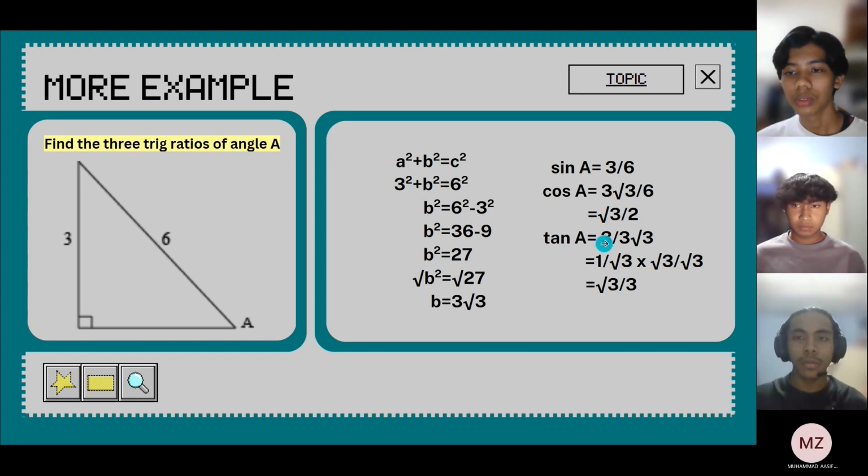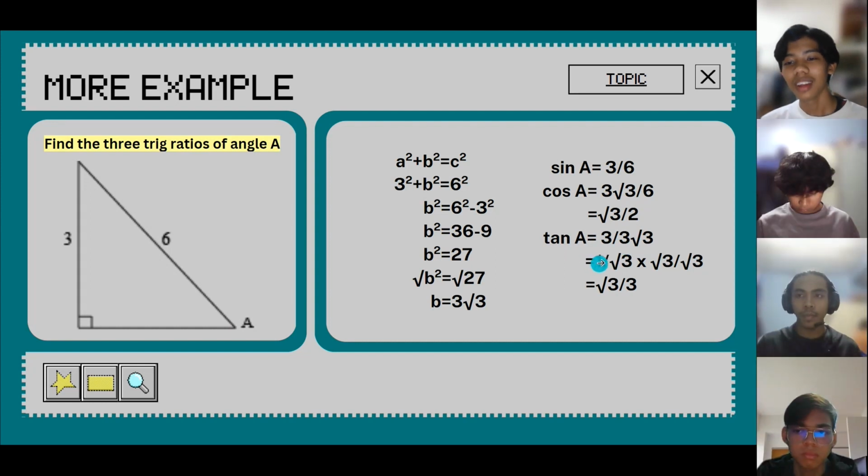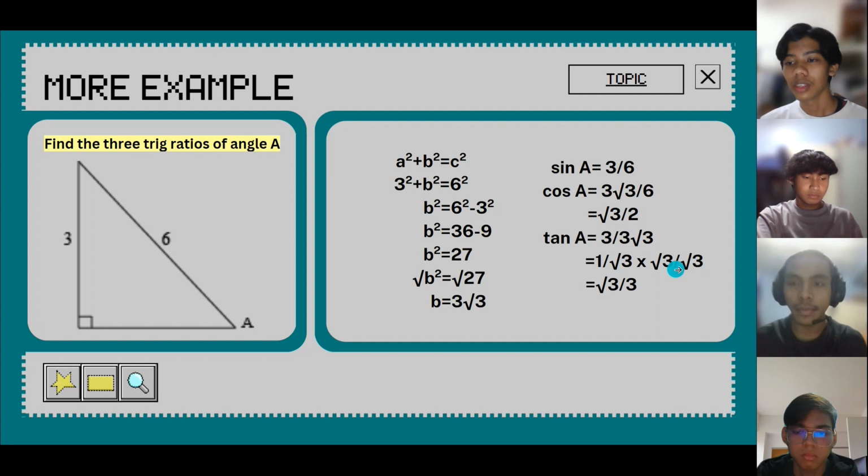Tangent A equals 3 over 3 square root 3, which equals 1 over square root 3, multiplied by square root 3 over square root 3, which equals square root 3 over 3.